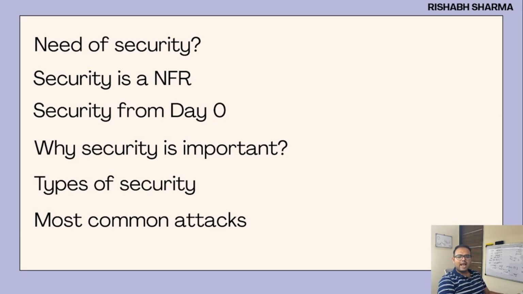You cannot add security later. Security should be there from day zero, which is our next point. This is extremely important: if you design a system first and think about security later, you will have to refactor everything, and there would be big chaos if you implement it later.